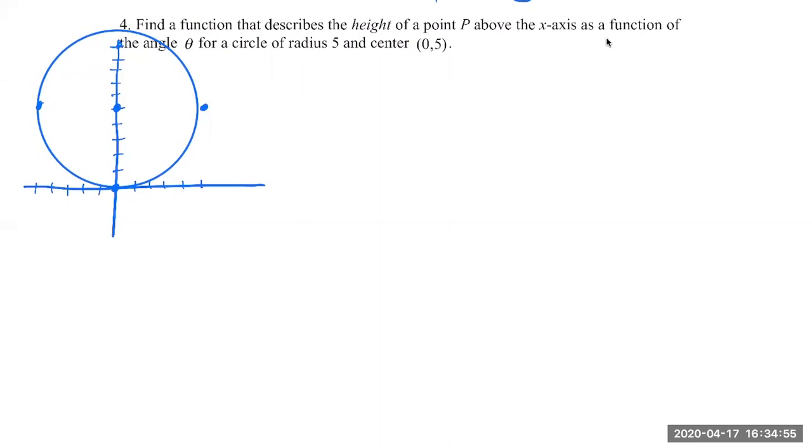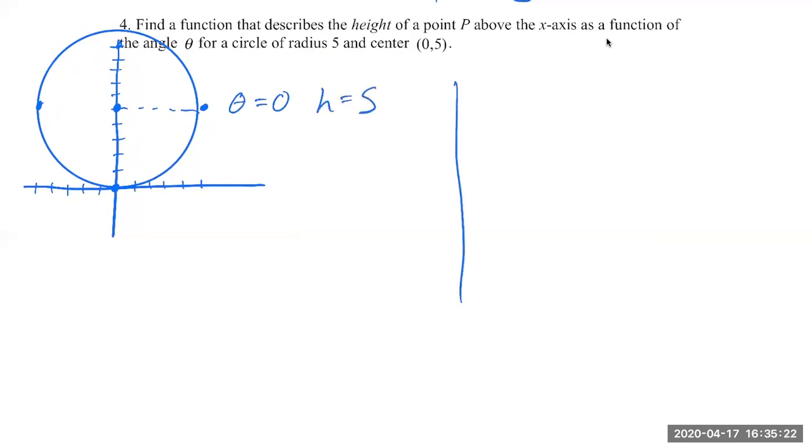Okay, we'll call that good enough. Now, the angle theta is the independent variable. The height is the dependent variable. So if that's a start point, then when theta equals 0, our height equals 5.